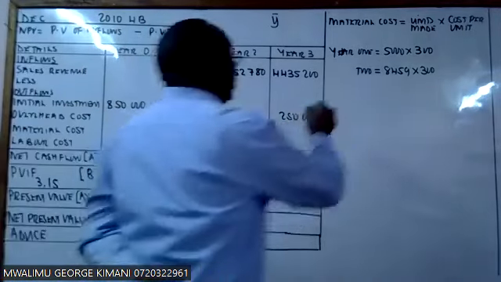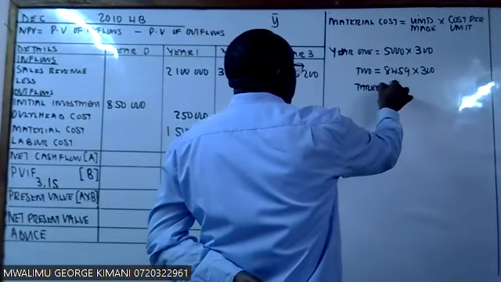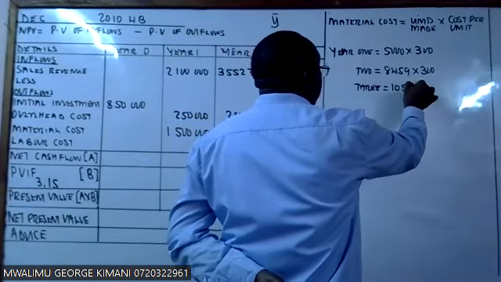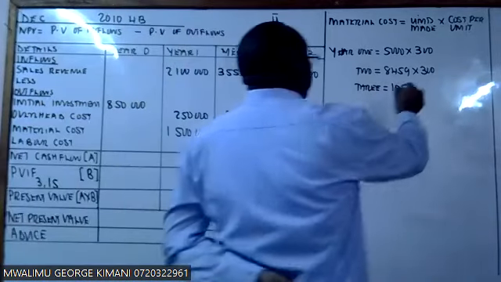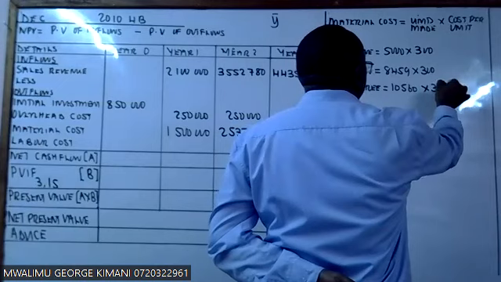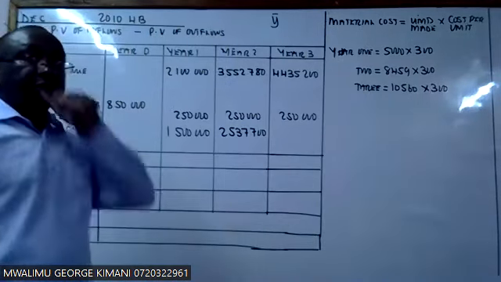Then in year three, we made 10,560, each at 300.